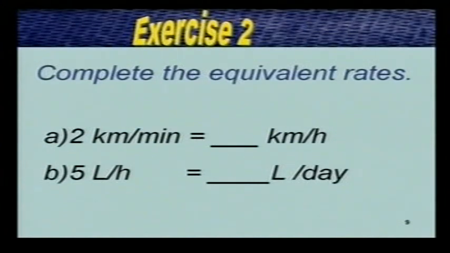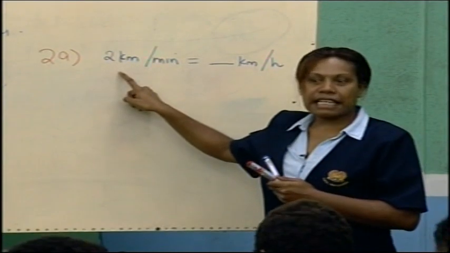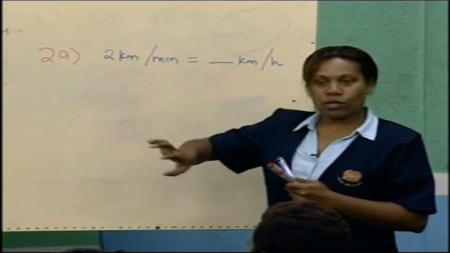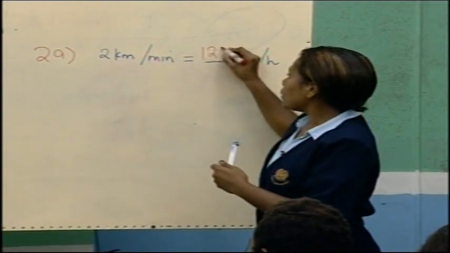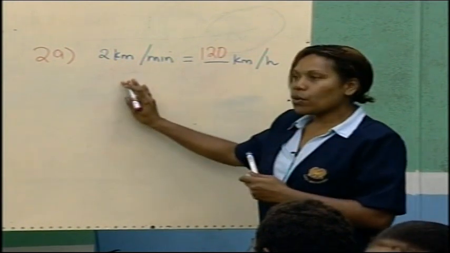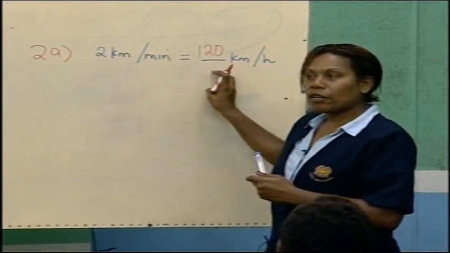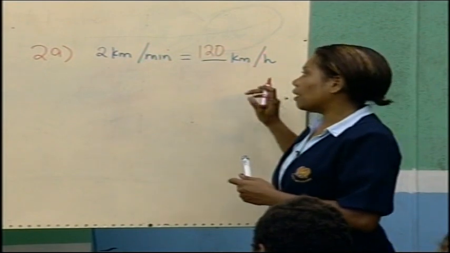What do we do to get our answer? Multiply, 2 times 60, for 60 minutes in an hour. So 2 times 60 is 120. So 120 kilometers per hour.